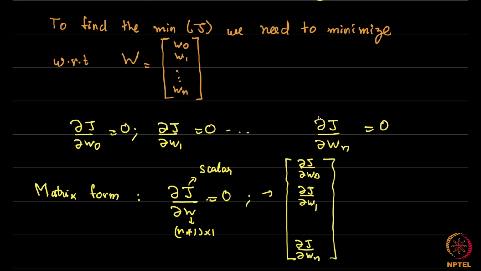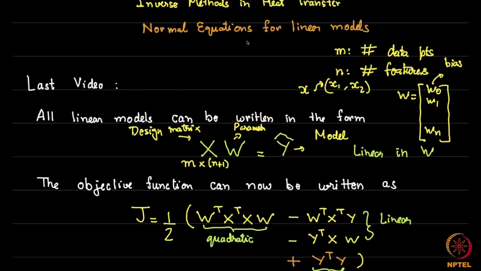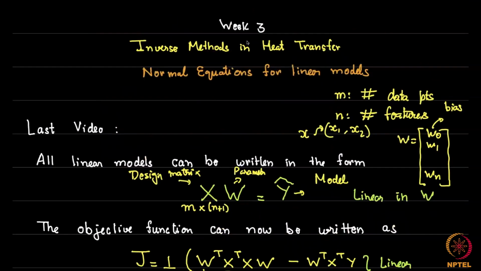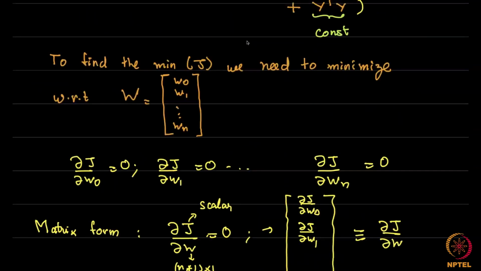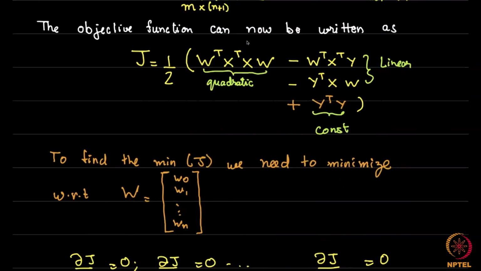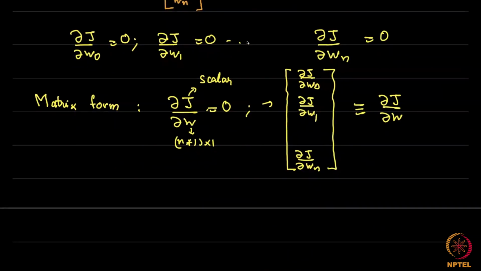This is the definition of del J del W. It is this that we use in order to actually set the equation. So we will say del J del W equal to 0.